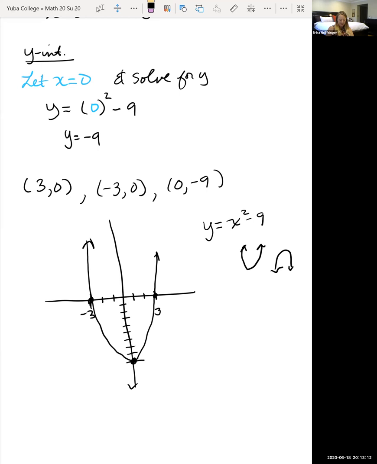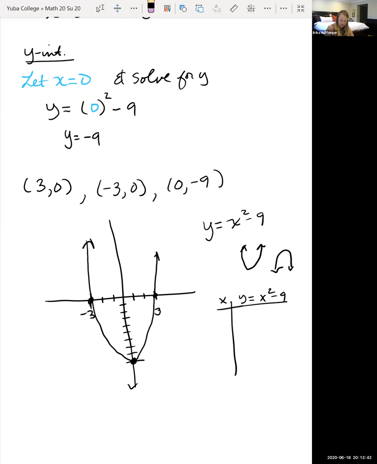If I didn't know that, just from previous courses, I could plot some more points and see that that's where it's going to end. Later on, we're going to look at it being in vertex form, which it is, and we're also going to look at shifting and transformations of graphs.